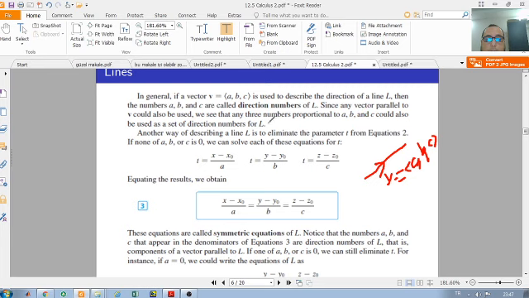Since any vector parallel to V could also be used, we see that any three numbers proportional to the direction numbers could also be used as a set of direction numbers for L.